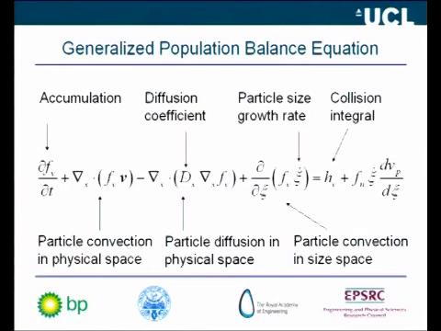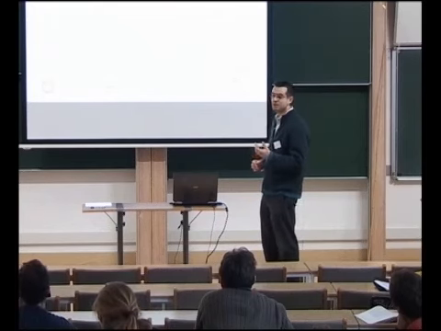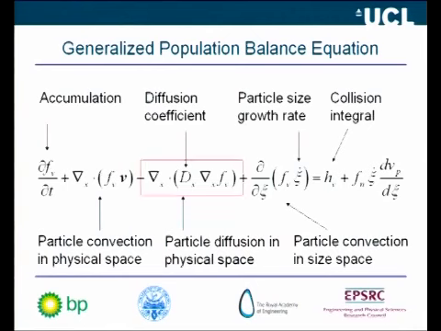We have the convection term in particle size space, and on the right hand side the collision integral. The last term is due to the fact that in this equation we are using the volume density function and not the number density function. In particular, as we will see in this presentation, the diffusion contribution plays an important role.